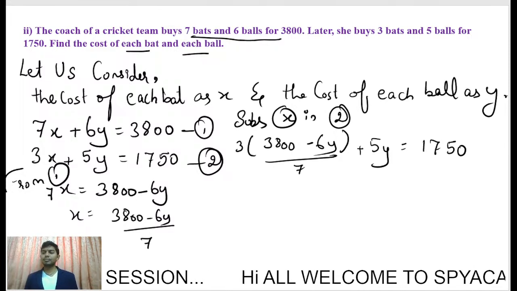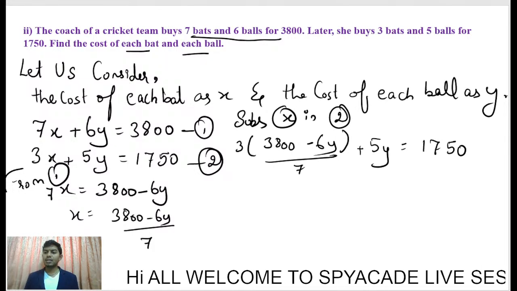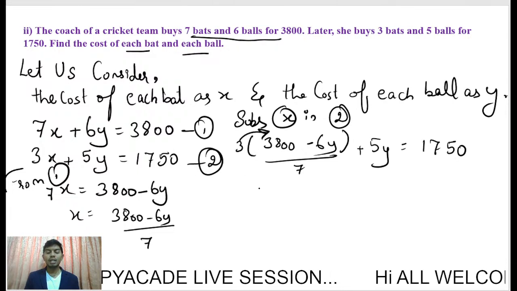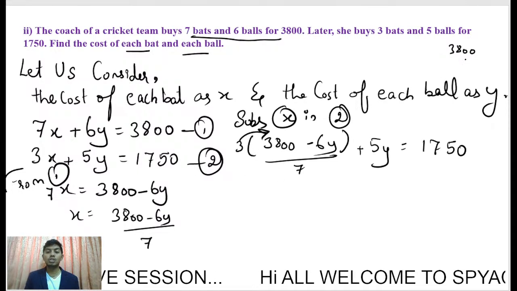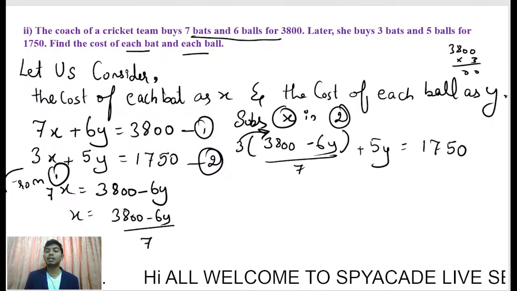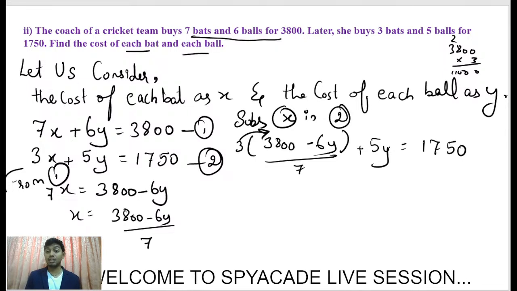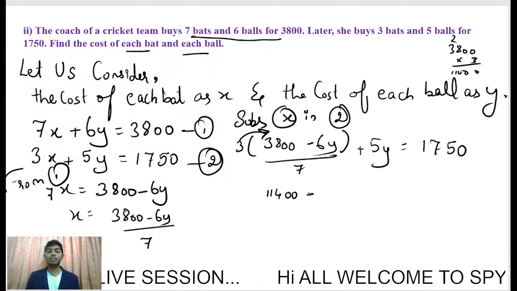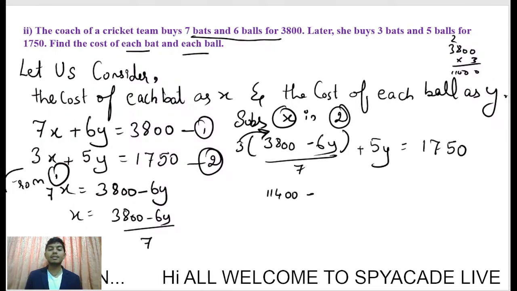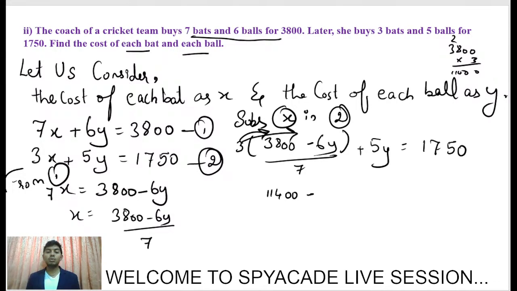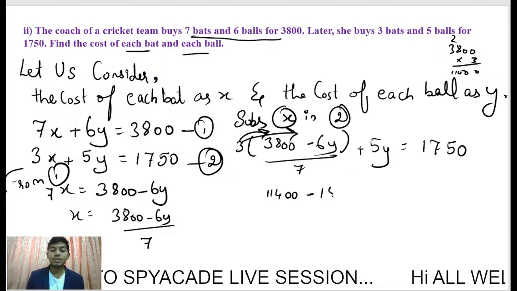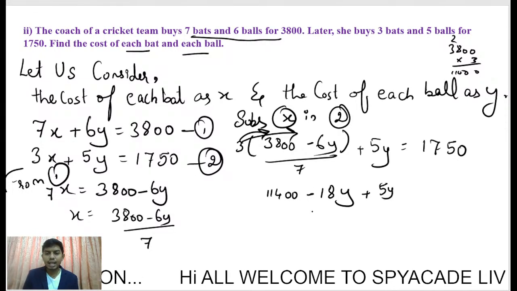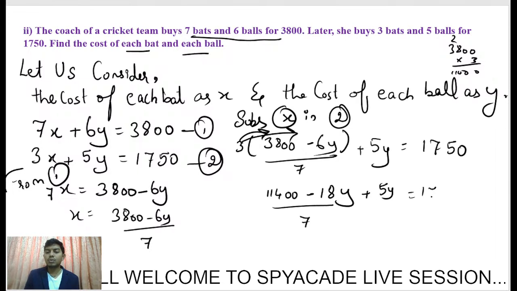Just multiply this. 3800 into 3 is 11,400, minus 3 into 6, which is 18y, plus 5y as such, and this is divided by 7, equal to 1750.